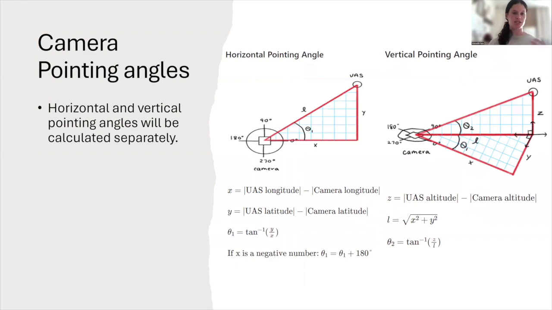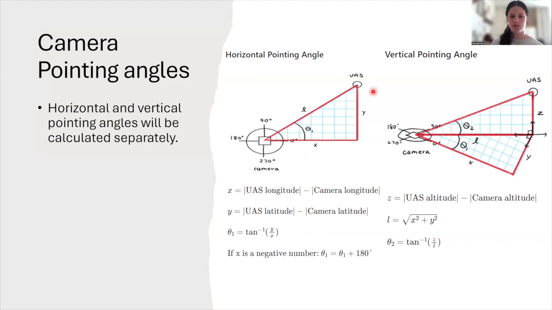So as I mentioned in the flowchart section, there will be camera pointing angles computed if a picture needs to be taken. The math for these camera pointing angles is as follows. There will be a horizontal pointing angle and a vertical pointing angle. The horizontal pointing angle will depend on the longitude and latitude of the camera and the longitude and latitude of the object, which I have defined as the UAS in this particular diagram.